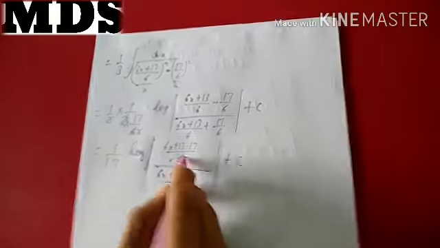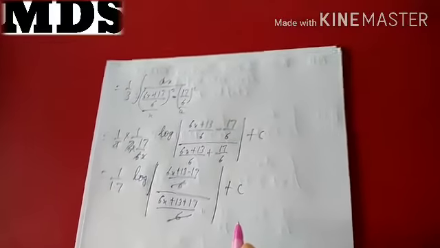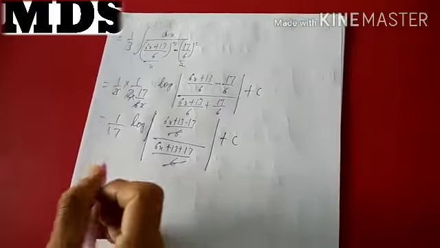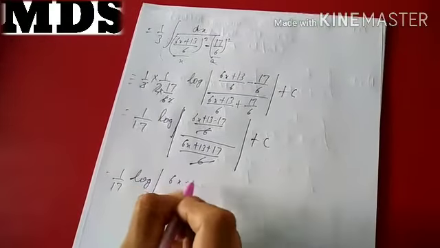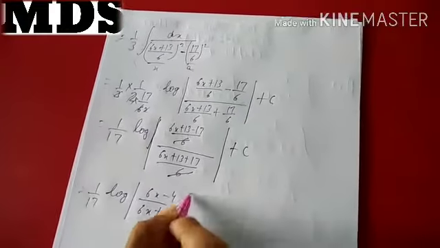This 6 will cancel. So what are we going to get at last? At last we will get 1 by 17 log of 6x minus 4 by 6x plus 13.